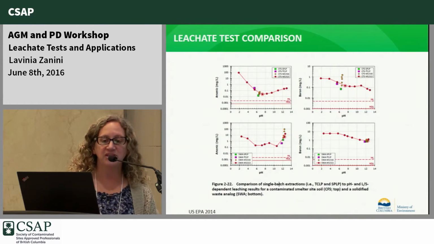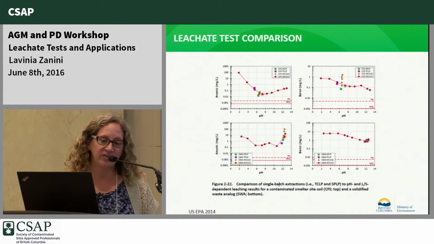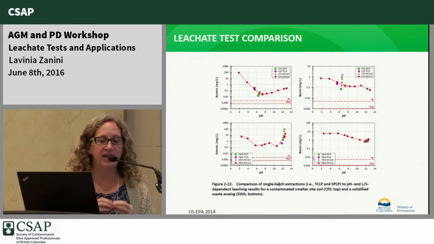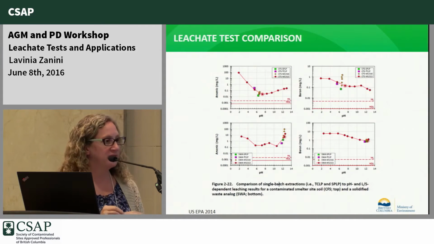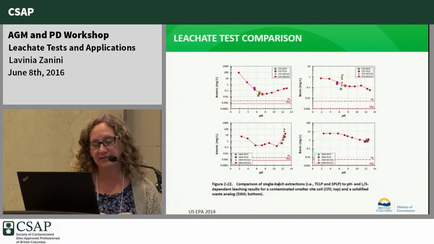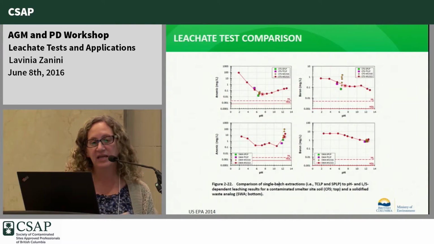I think it's kind of interesting that SPLP is better at predicting what the leachate would be at the natural pH of the material. And T-clip does over-predict.